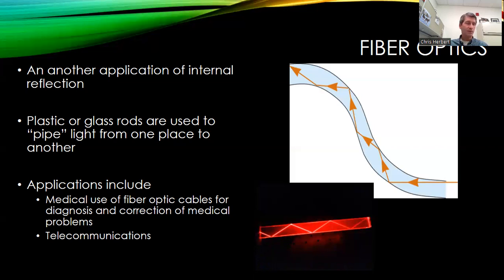This is also used for just general illumination in small areas, and also for directing light into buildings. People use these light guides to bring light into places where it's not convenient to have a window to bring natural light in.